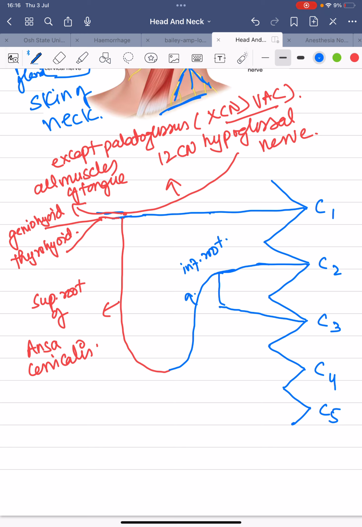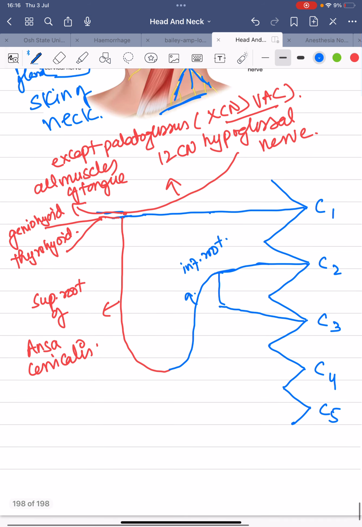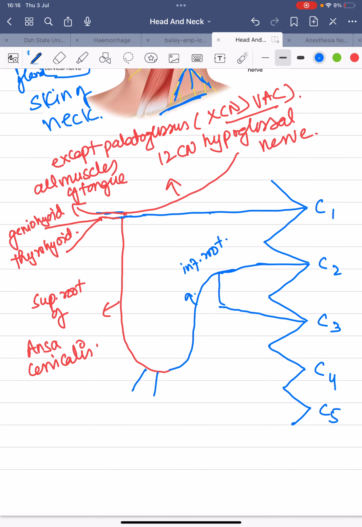C2 and C3 fibers, and now it is innervating here three muscles: omohyoid number 1, number 2 sternohyoid, and number 3 sternothyroid. Omohyoid both bellies, but I write it here like this so it will be easy for you to remember.